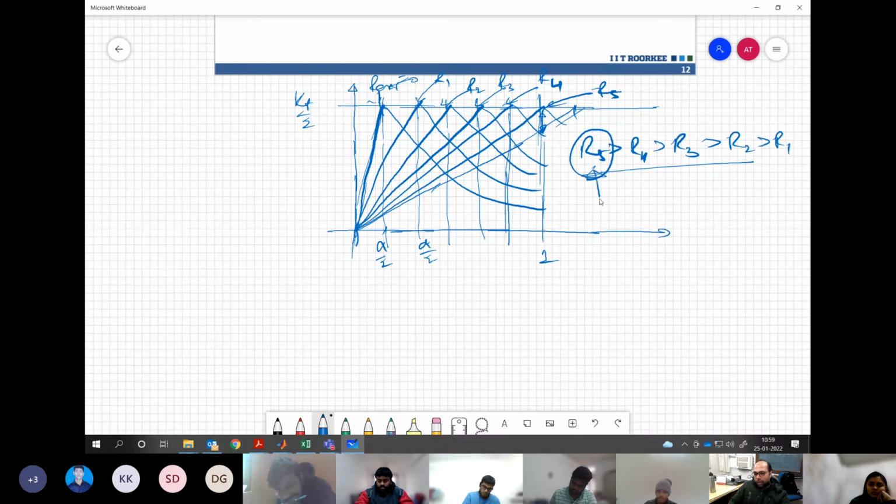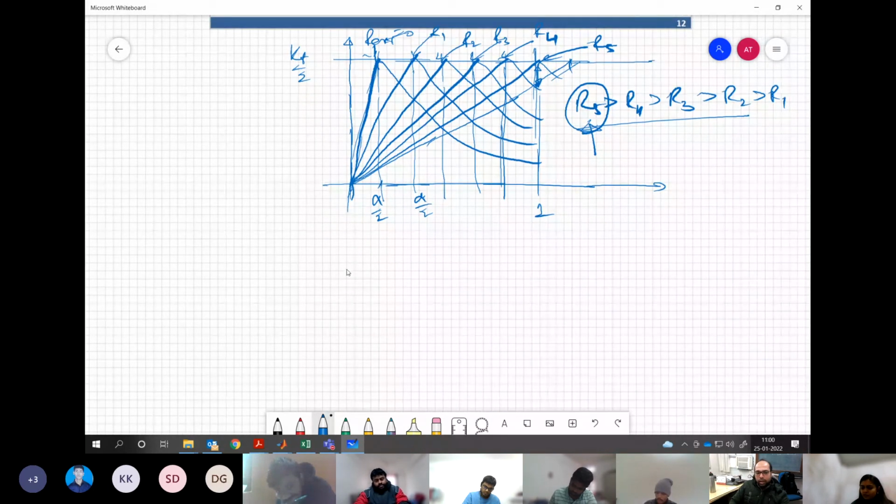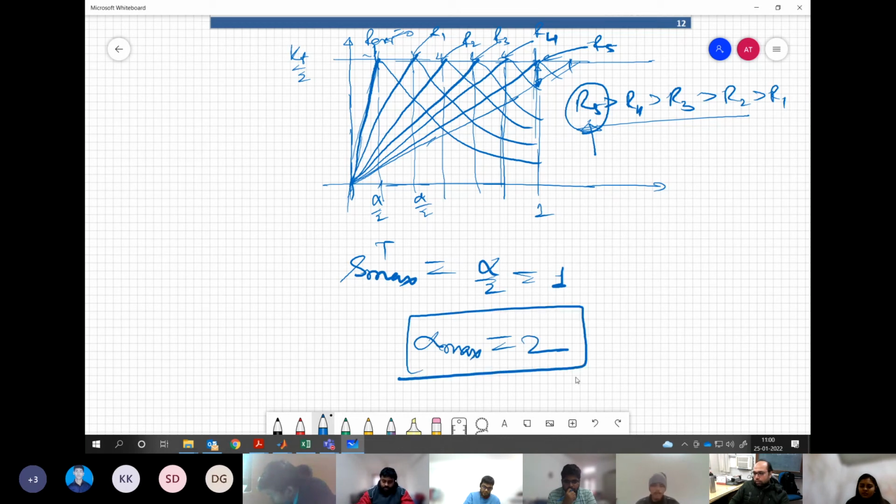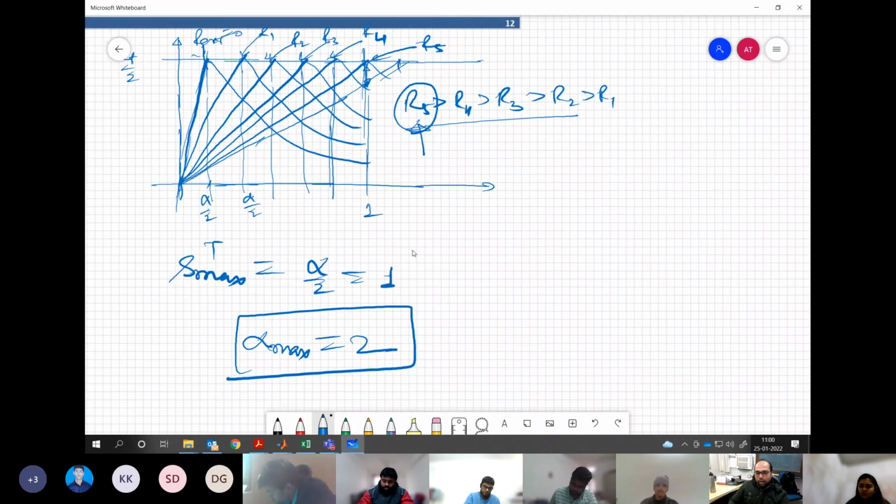Now, what is this maximum value that you can compute again from the same characteristic, that S max T is alpha by 2, and the maximum value for slip could be 1 where the maximum torque is occurring. So alpha max could be 2, not more than this. So then what we have basically is R external coming out to be 2XLR minus RR.